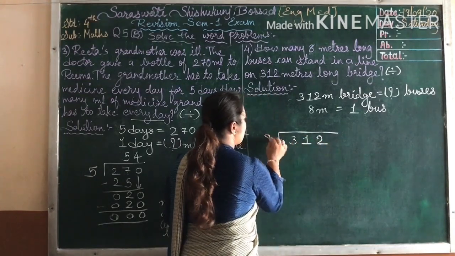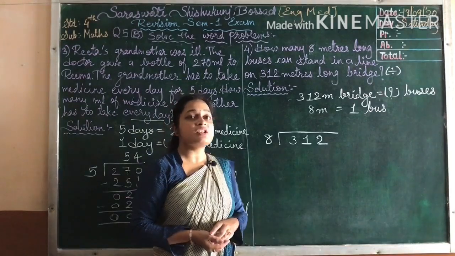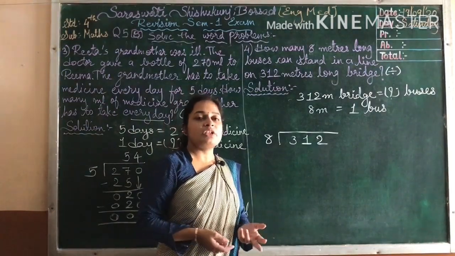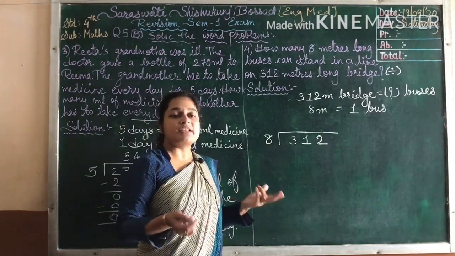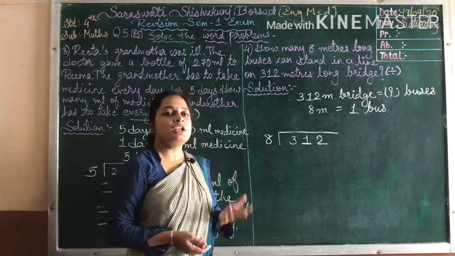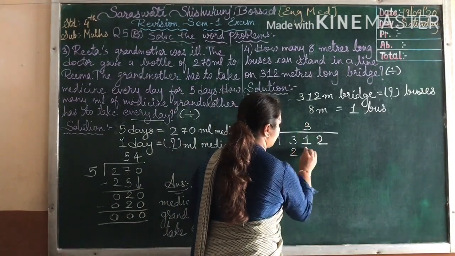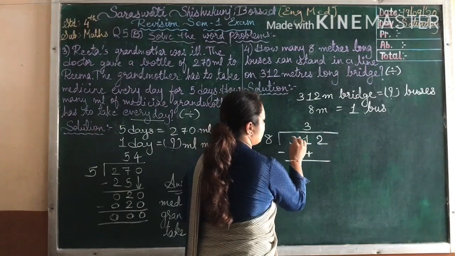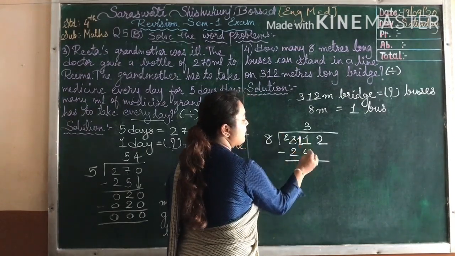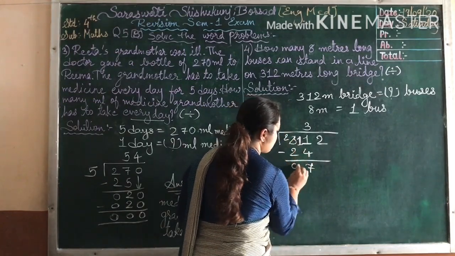312 divided by 8. 31 is there. We all know that 31 is not there in the table of 8. So nearest answer is 3 8s are, means 8 3s are 24. Minus sign here 1. 3 cut 2. 11 minus 4, 7. 2 minus 2, 0.